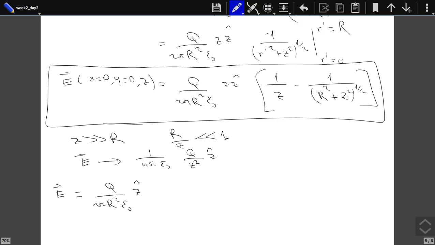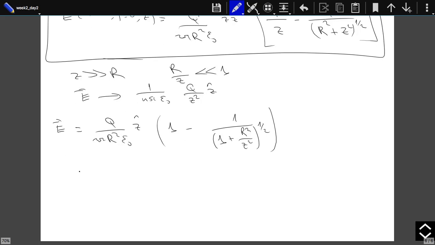It is 1 minus 1 over 1 plus r squared over z squared to the power 1/2. Or let me rewrite it: q over 2 pi r squared epsilon 0 in the z hat direction, times 1 minus (1 plus r squared over z squared) to the power minus 1/2. This is my result.